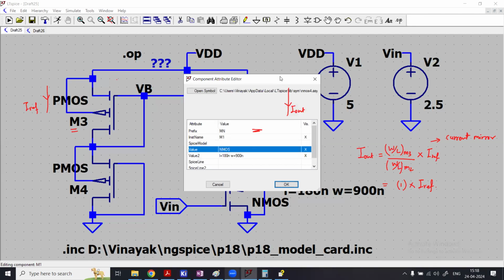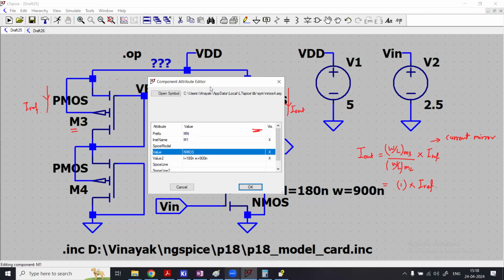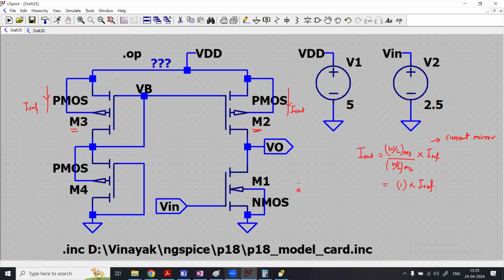With this, it opens the component attribute editor, and you see for value 2 in the attribute where L and W are mentioned. I can double click here, and this is the attribute to appear on the netlist line. Originally it wasn't a cross there, but if I double click, there will be a cross. So let me double click, it disappears. If I click OK, the line has disappeared now.